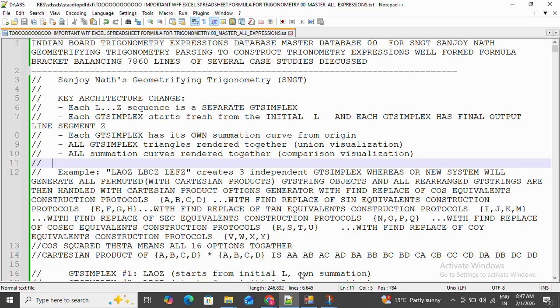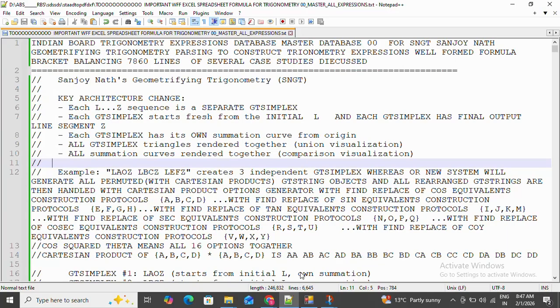Now in Sanjoy Nath's geometrifying trigonometry system, some conventions are followed, and each GT simplex has its own summation curves from the origin. All GT simplex triangles rendered together in the union visualization are shown like tracing papers kept one after another, one above another, with the aligned L and the stacked tracing paper.